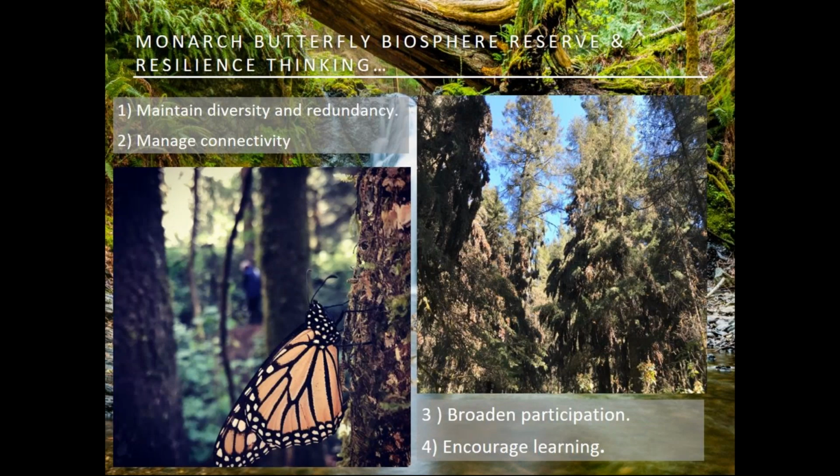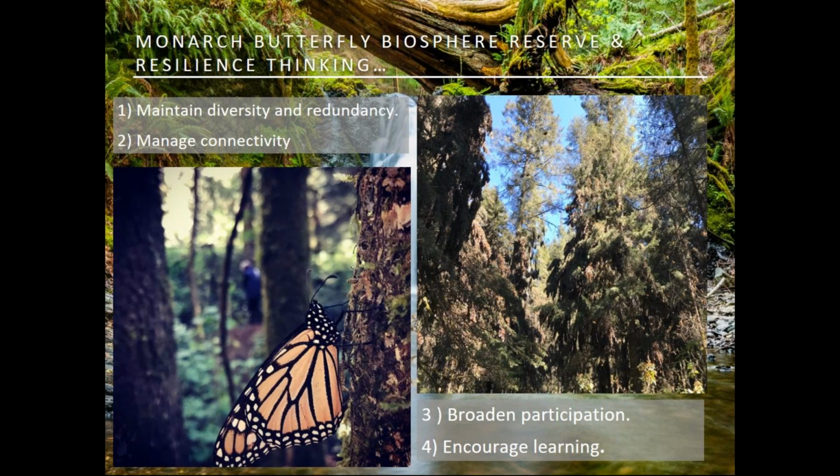Now I go back to the example of the Monarch Butterfly Biosphere Reserve and how to incorporate resilience thinking into it. As I said before, there are several colonies within the PA, and there's a huge uncertainty if they're going to be within or outside the decreed PA, not the boundaries of it.